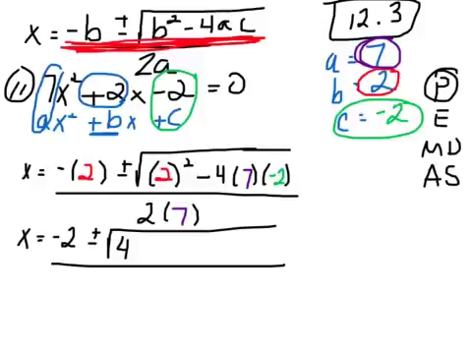Some people say, I'm going to write my subtraction sign down, and so they would copy their subtraction sign down, and they would say, well, 4 times 7 is 28, and 28 times -2 is -56, so they would have minus 56. Here's what some other people do. This is what I do, actually. I look at that, I go, you know what, subtracting 4, isn't that the same thing as adding -4?